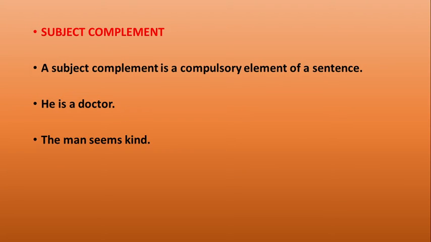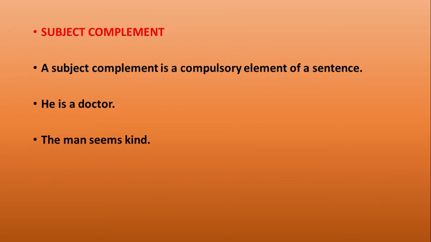Another important part of a sentence is subject complement. A subject complement is a compulsory element of a sentence. If you remove it from the sentence, it will lose its meaning. Look at these two examples. He is a doctor.